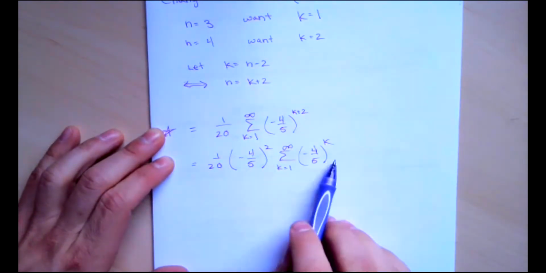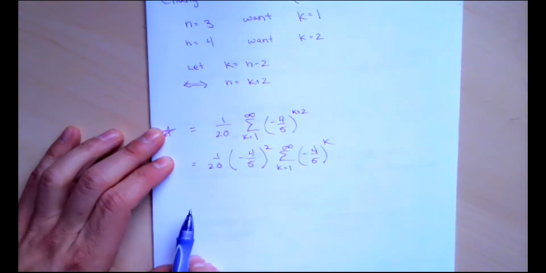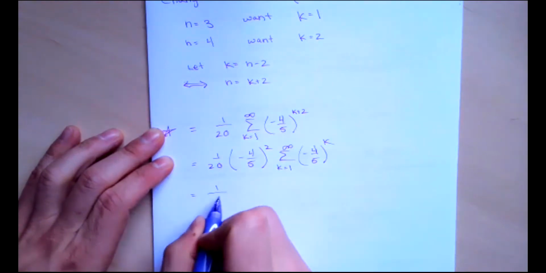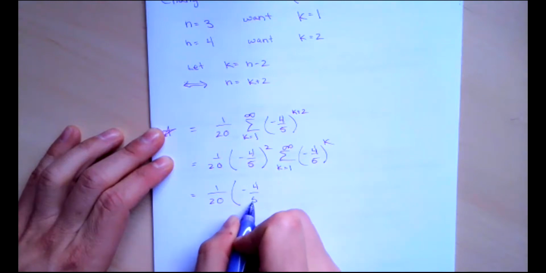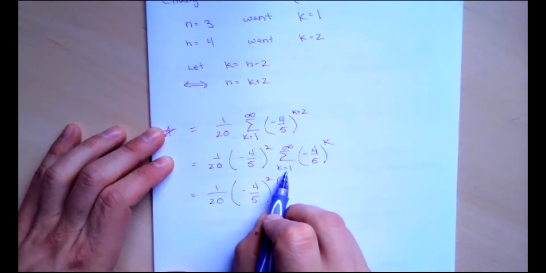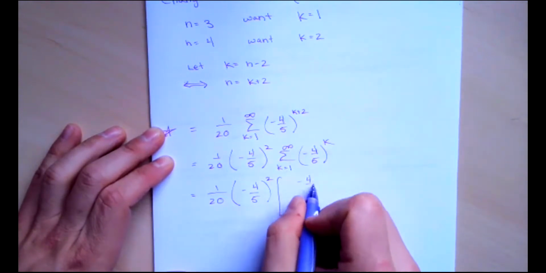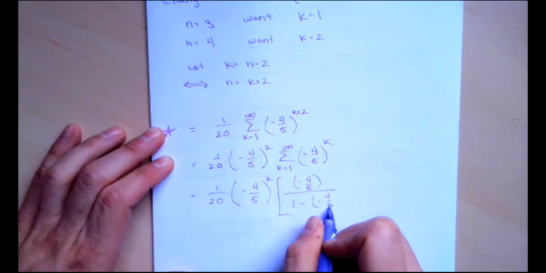I just factored out minus 4/5 squared, which will give me those extra 2 when I factor them out, and now I can use a formula for this. So we'll have 1/20 times minus 4/5 squared. And now I'm starting at 1. My index is k. I can use the formula: minus 4/5 divided by 1 minus a negative 4/5.